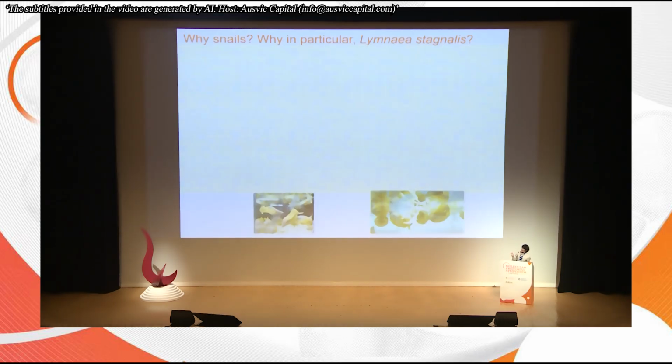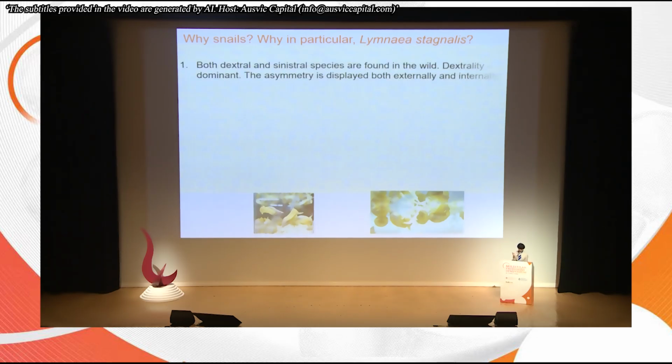Now, I'm working with snails, and you wonder why snails, and why in particular Lymnaea stagnalis. Because both dextral and sinistral species are found in the world, as I talked about earlier. Dextral is dominant. Also the symmetry is displayed outside, so you don't have to cut open to see whether it is left or right.